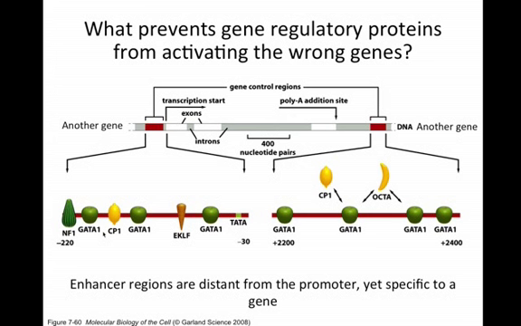Sometimes you can be thousands of base pairs upstream or downstream from your gene and still be an enhancer, right? So why isn't it, and sometimes you're going to have another gene over here and another gene over here. Why isn't it activating that gene? How does it know to activate the gene that's right there?